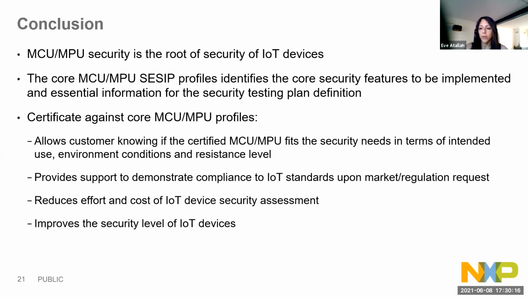Just maybe to mention that SESIP is based on CC. It has taken from the Common Criteria, I would say, the parts that are usable for IoT device evaluations. And what has been changed is the security functional requirement, what we have called the security requirements.